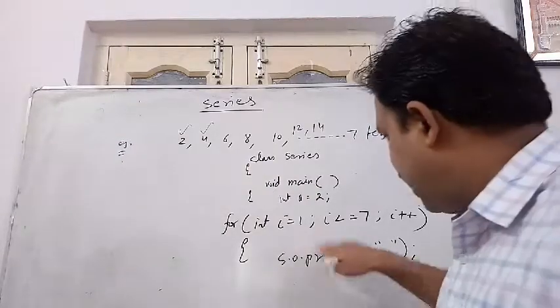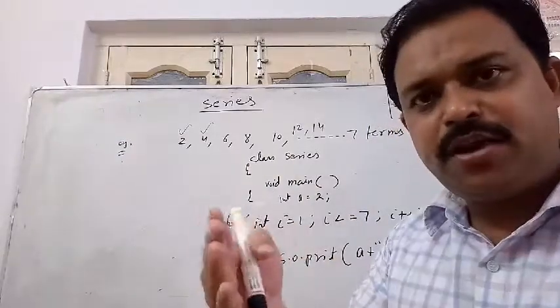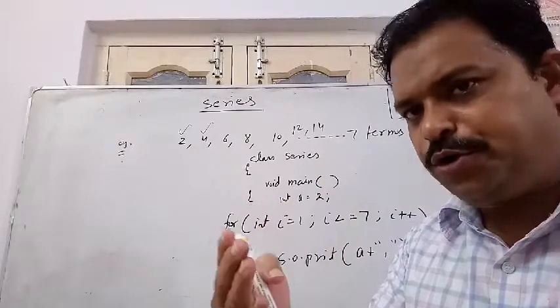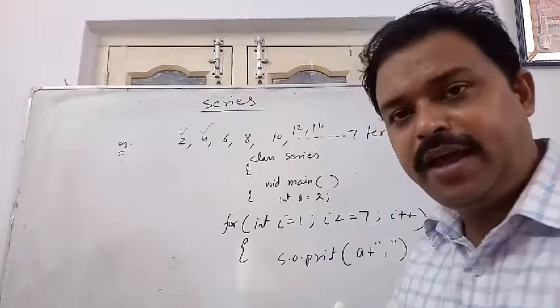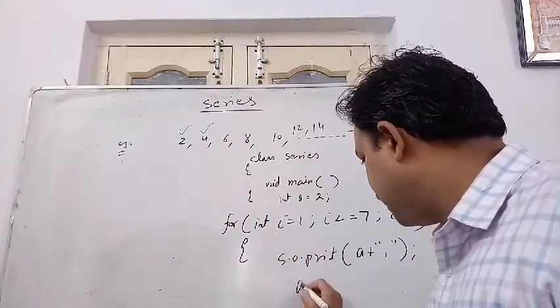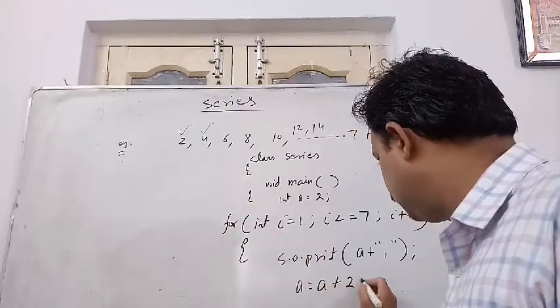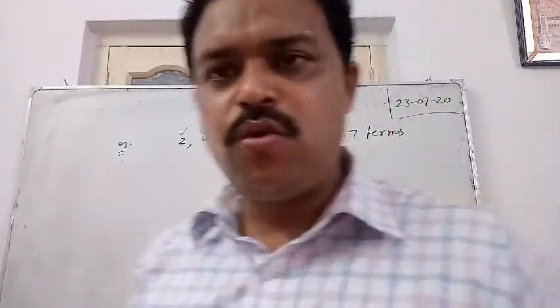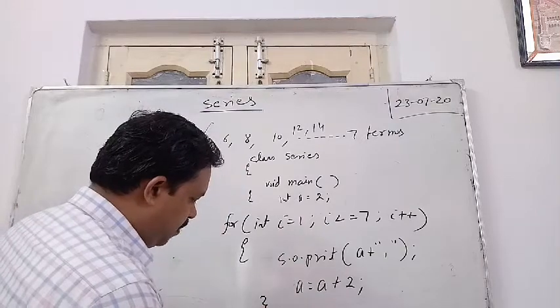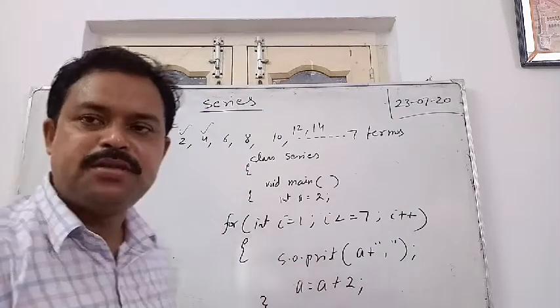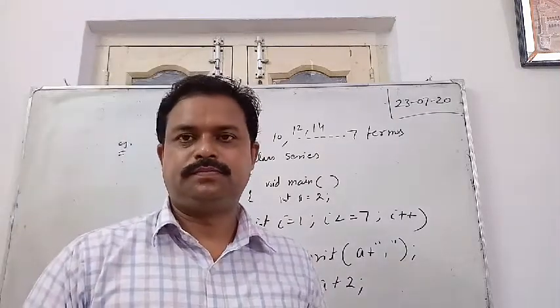When the loop executes the second time you have to print 4, so inside the loop itself I will make my value of A 4. How? A is equal to A plus 2, I will increase my value of A by 2. Close the loop, main class. Program is over. Simple.